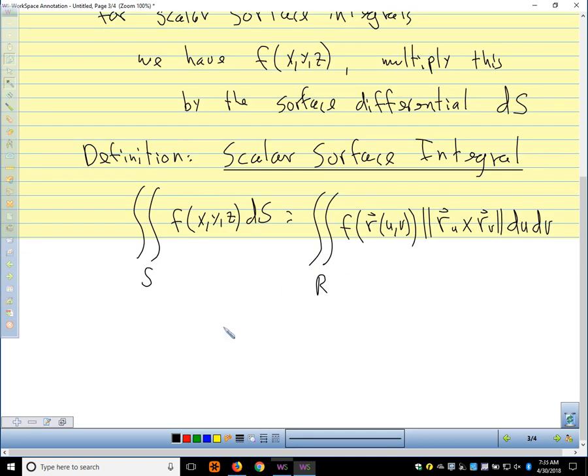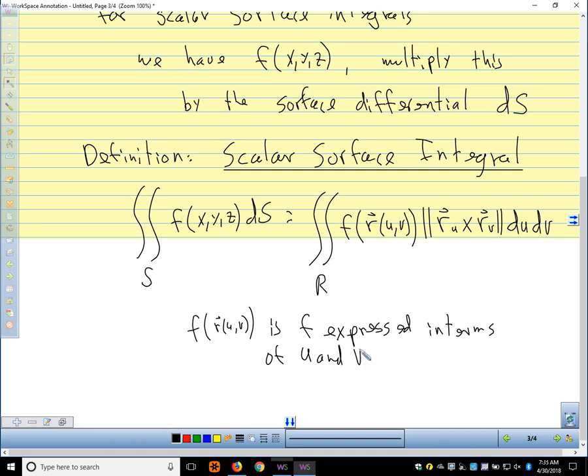And let me just make this f of r of u and v, which is f expressed in terms of the parameters. And dS is this quantity.